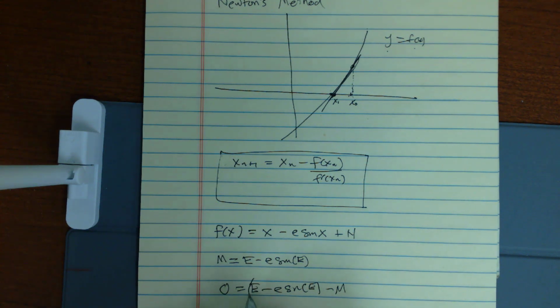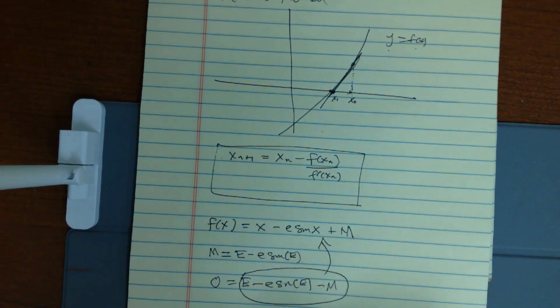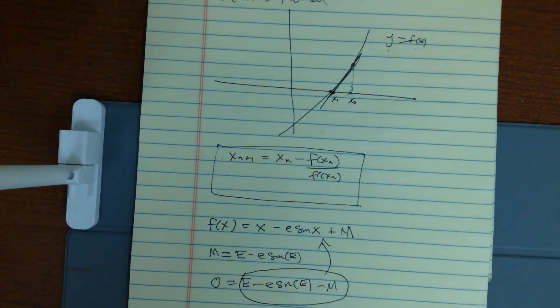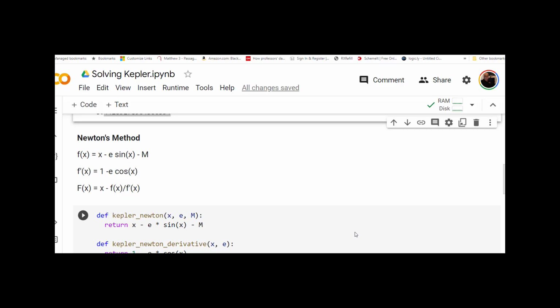And so we set this up to be our function as we have here, and then go through our iteration until we have something that converges. Newton's method is just a little bit more complicated than fixed point iteration because we have to calculate the derivative, but it doesn't turn out to be all that difficult in this case.